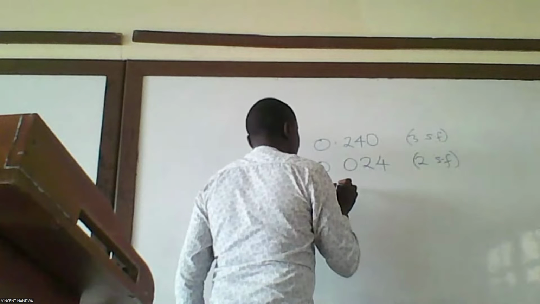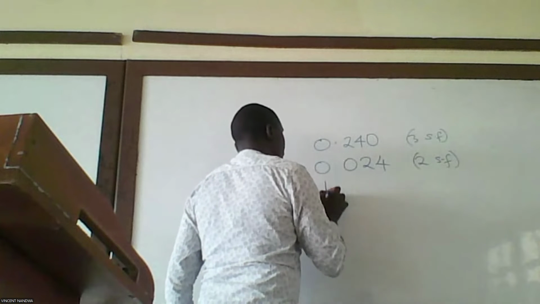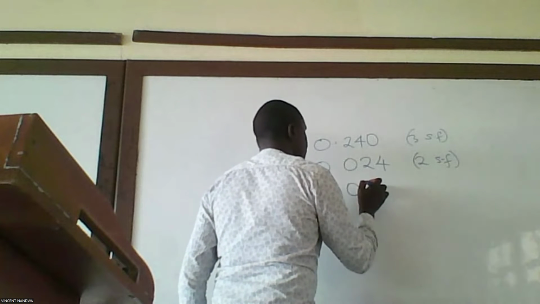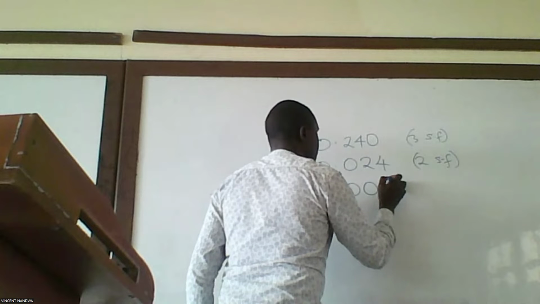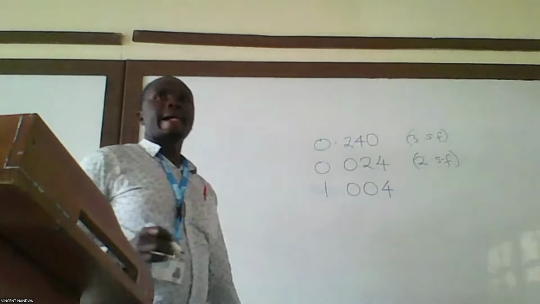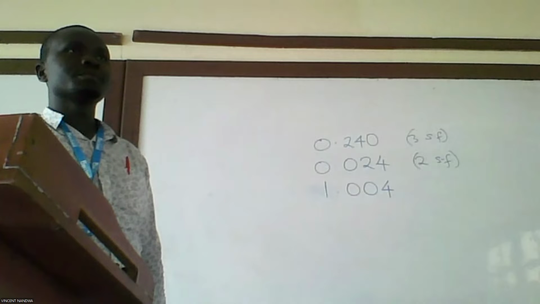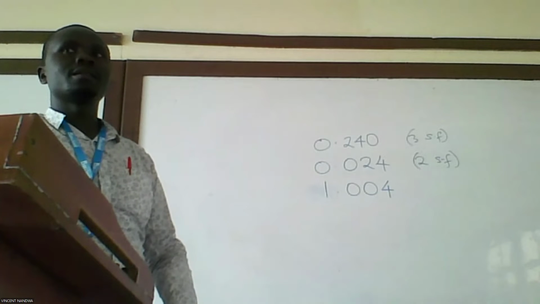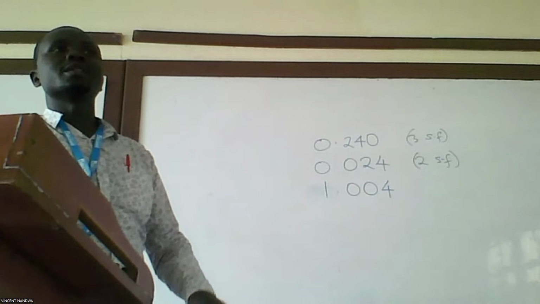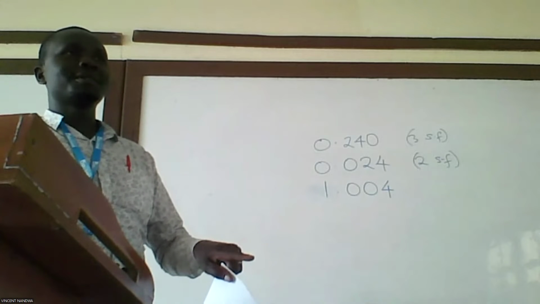If I have 1.004, how many significant figures are there? 4, 2, 0. Anyone who says different from 2 or 4?